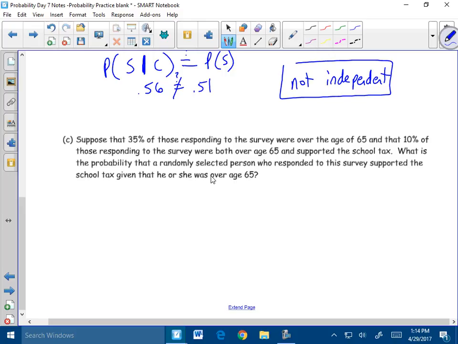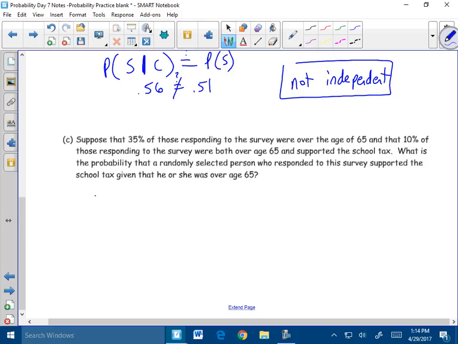Okay, and then suppose that 35% of those responding to the survey were over the age of 65, and 10% of those responding to the survey were both over the age of 65 and supported the school tax. What is the probability that a randomly selected person who responded to the survey supported the school tax given he or she was over age 65? Okay, so more information to sort out here. The probability that they were over the age of 65 is 35%.